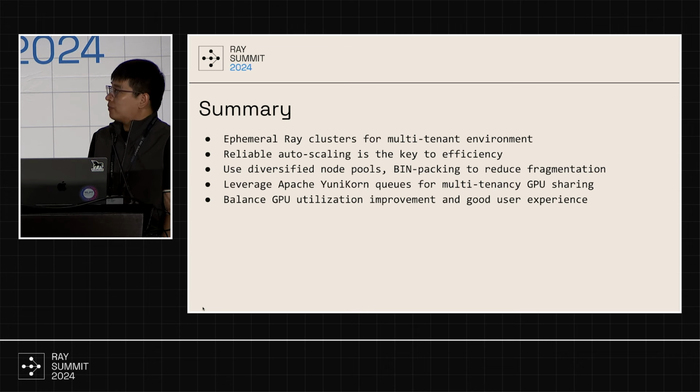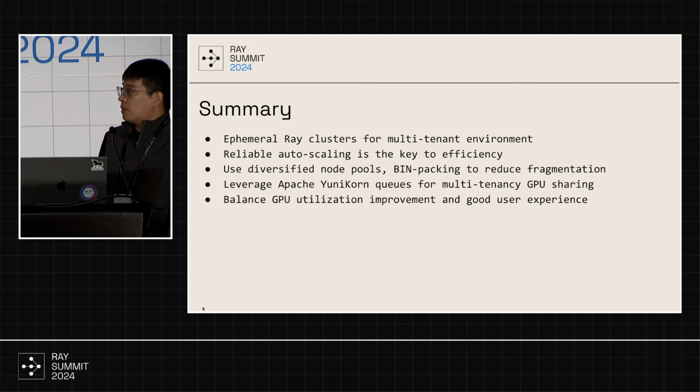Also, try to use diversified node pools as much as possible, to make sure our queues can access the different types of GPUs very easily. Also use bin packing to reduce fragmentation, both in the scheduling phase and the post-scheduling phase. In our case, we leverage YuniKorn queues for multi-tenancy, to plan the resources for each of the teams and make sure they can share limited GPU resources.